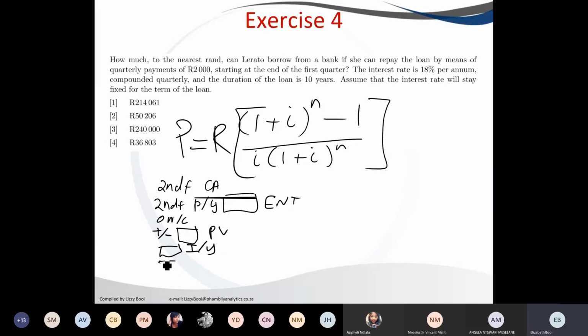And you do the value of your period, second function N, and again, and COMP, PV.